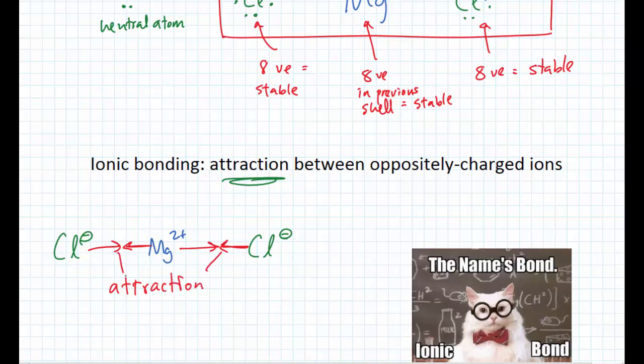Okay. So what holds magnesium chloride together is the fact that first the electrons transfer to make those stable ions, but then because those ions are oppositely charged, they stick to each other.